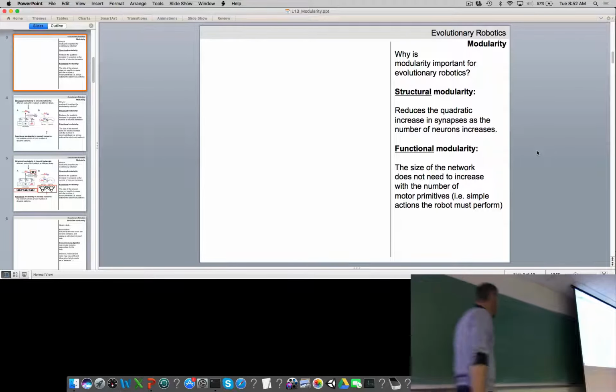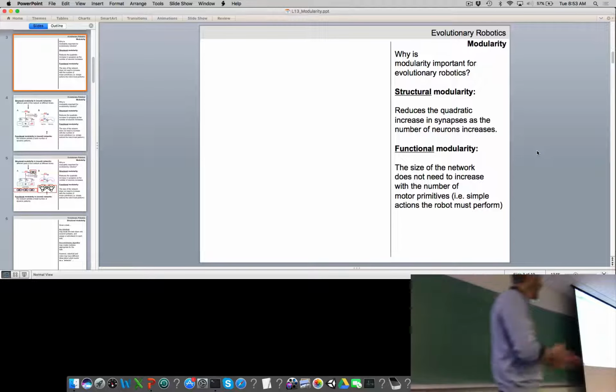So what we would like to do is to allow evolution somehow to break the neural network into structural modules where there's a lot of connectivity within a module, but little or no connectivity between modules. That's structural modularity.